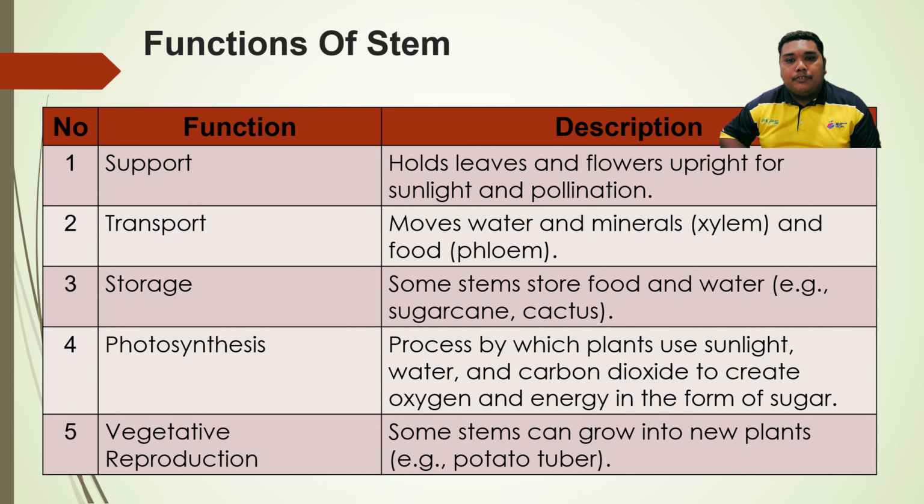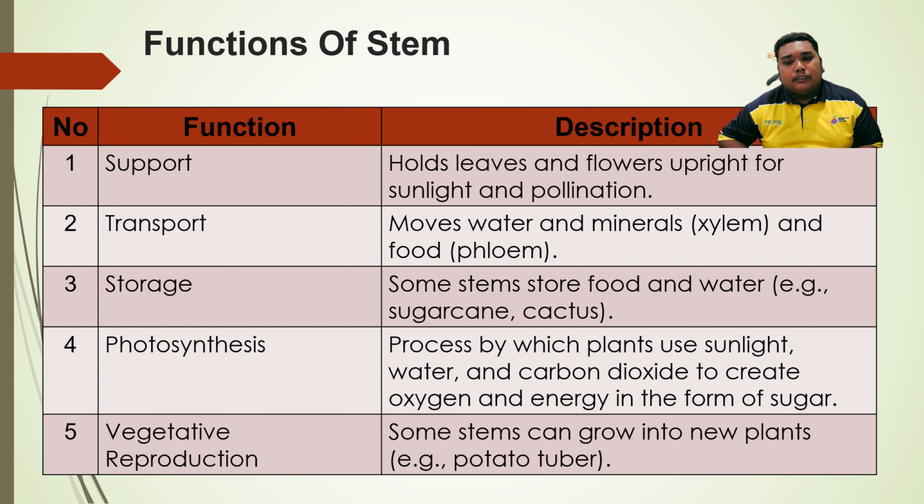So these are the five functions of stem. First is support, holding up leaves and flowers to receive sunlight and for pollination. Secondly is transport, moving water and minerals through the xylem, and also food through the phloem. Thirdly, storage.